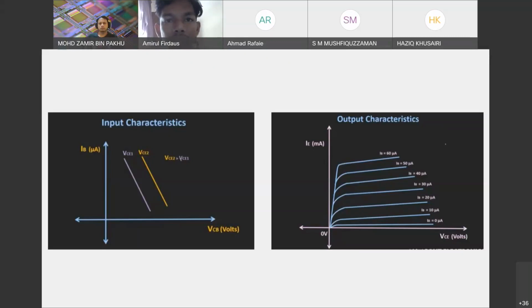This means that for a fixed value of VCB, as we increase VCE, the base current IB will increase. In other words, for a bigger value of VCE, the entire curve will shift to the right-hand side.